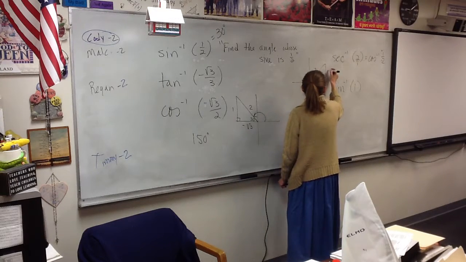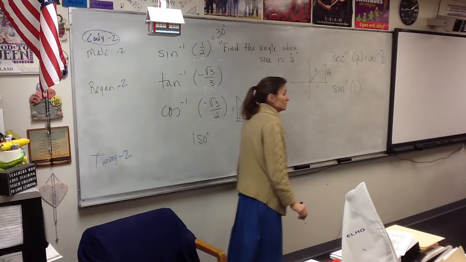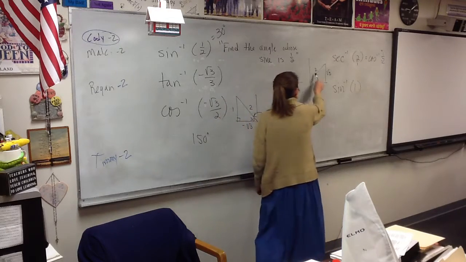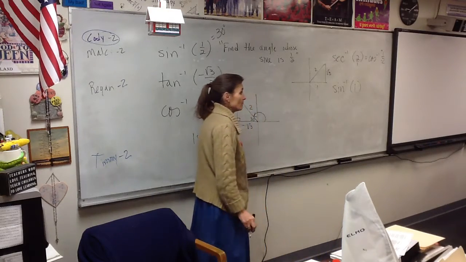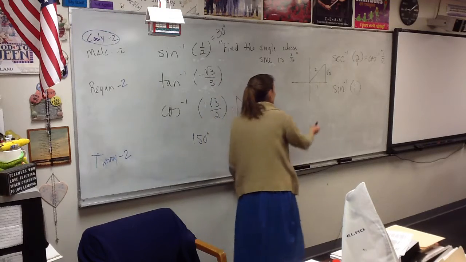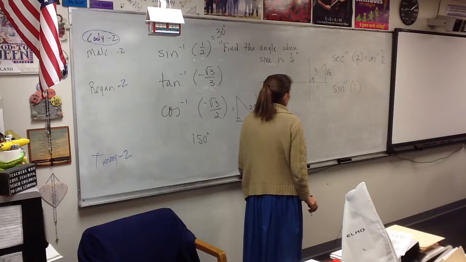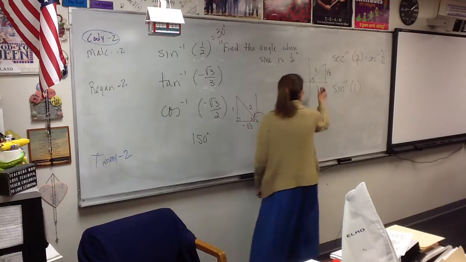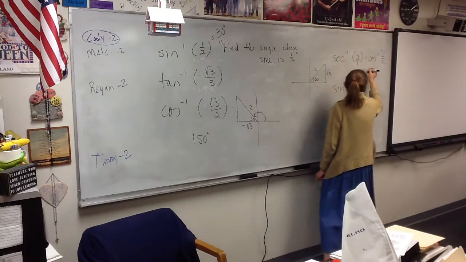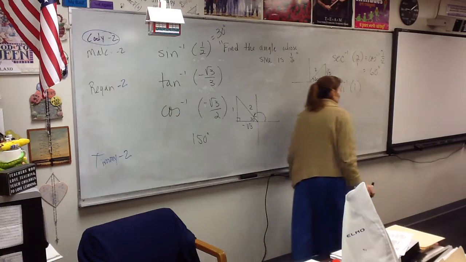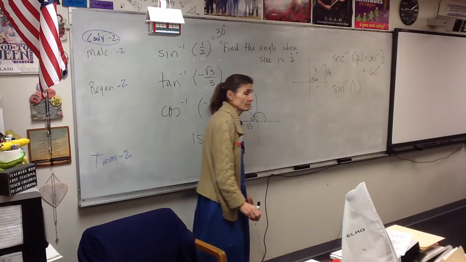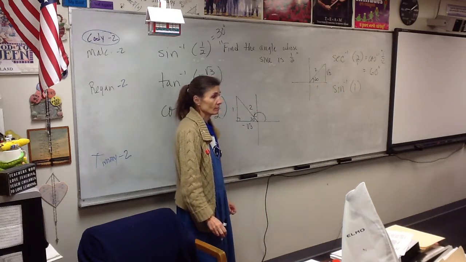And the cosine is 1/2, which means the angle at the origin, which is the only one I care about, is 60. So the answer to the question is 60 degrees. Easy.